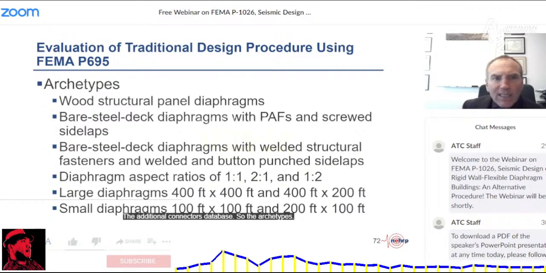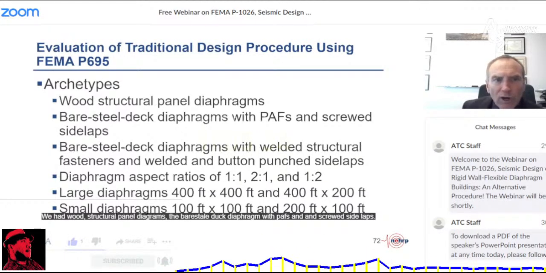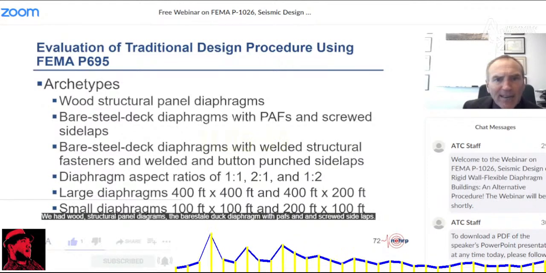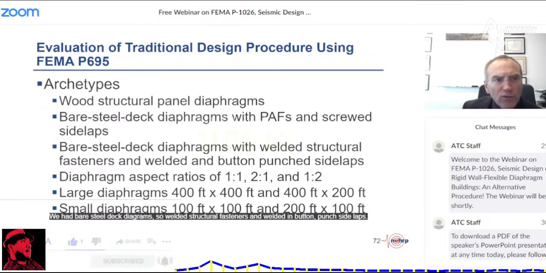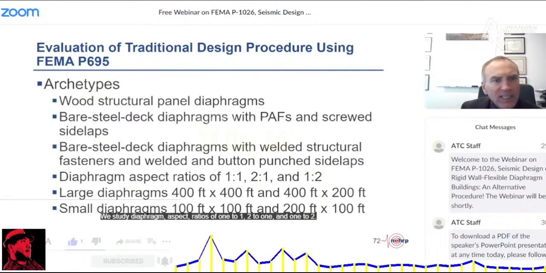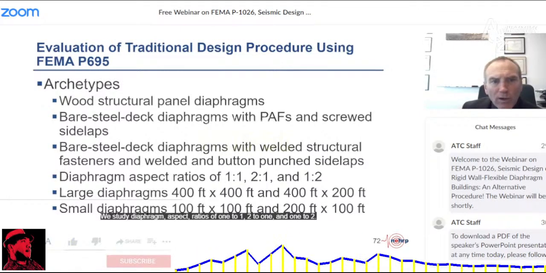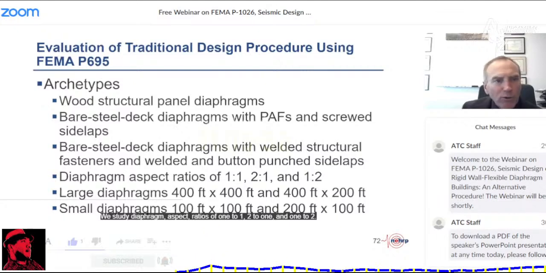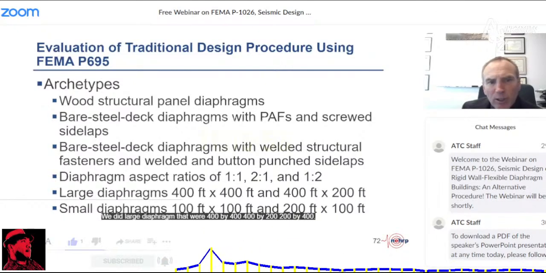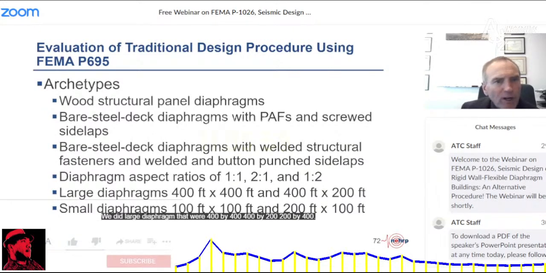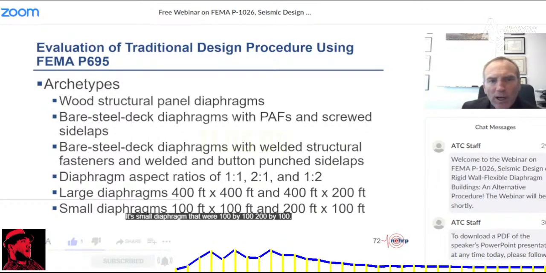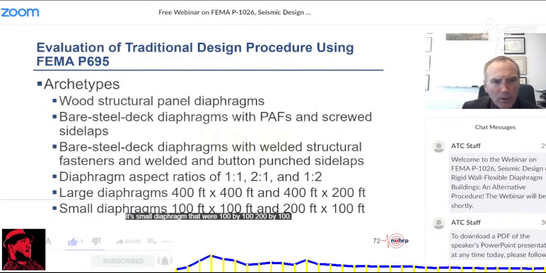The archetypes: we had wood structural panel diaphragms, bare steel deck diaphragms with PAFs and screwed side laps, and bare steel deck diaphragms with welded structural fasteners and welded and button punch side laps. We studied diaphragm aspect ratios of 1:1, 2:1, and 1:2. We did large diaphragms that were 400 by 400, 400 by 200, and 200 by 400, and small diaphragms that were 100 by 100 and 200 by 100.